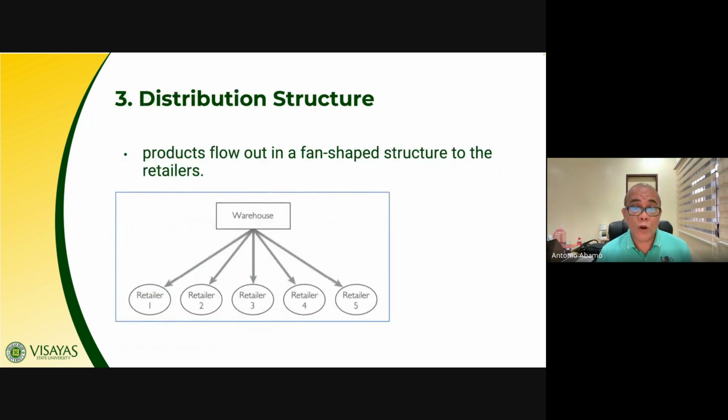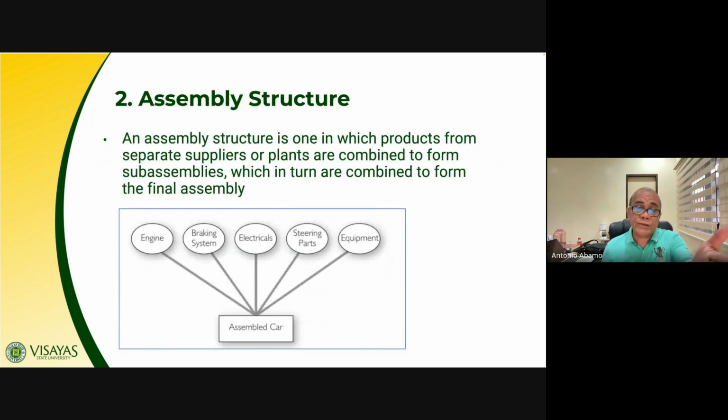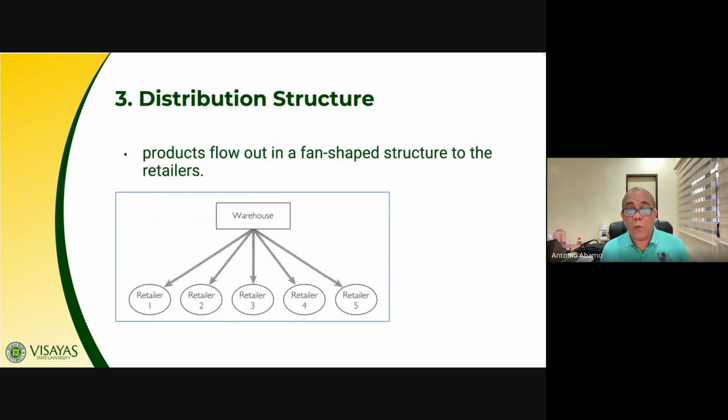Okay, well, it could also be a warehouse which is structured as a distribution point. It's the reverse of the assembly or serial arrangement. You have here the assembly structure. The reverse is actually a warehouse structure or distribution structure, where you have warehouses and then distribution outlets from different locations.